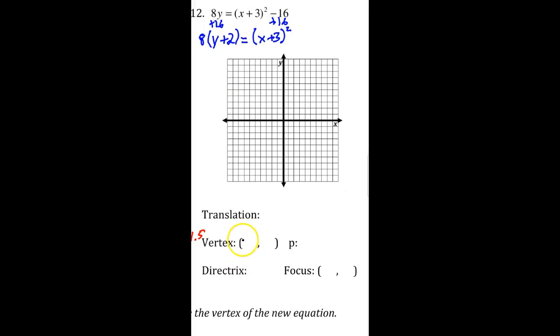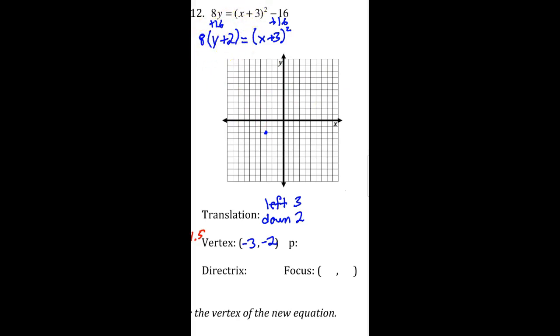So our vertex is going to be, let's see, negative 3 and negative 2. So that's left 3 and down 2 units. Left 3, down 2. Let's see here.